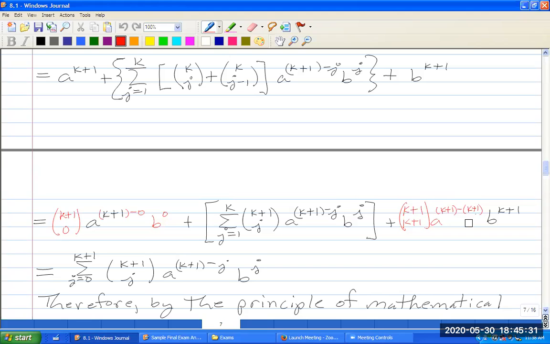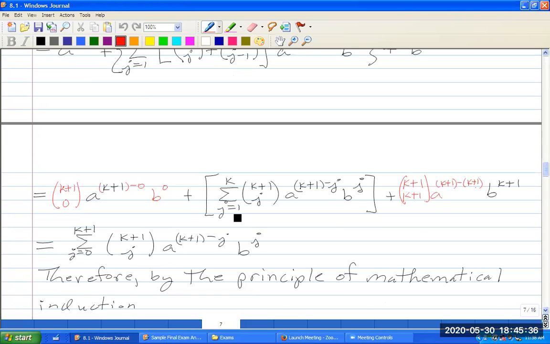But now, this is the same as this when j is 0. And this is the same as this when j is k plus 1. So now I can replace these with the sum j equaling 0 to k plus 1 of k plus 1 Cj, a to the k plus 1 minus j times b to the power j.